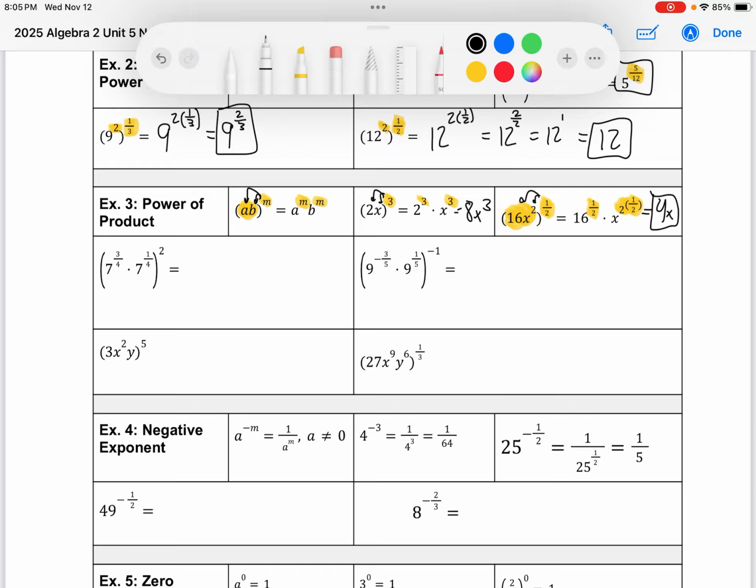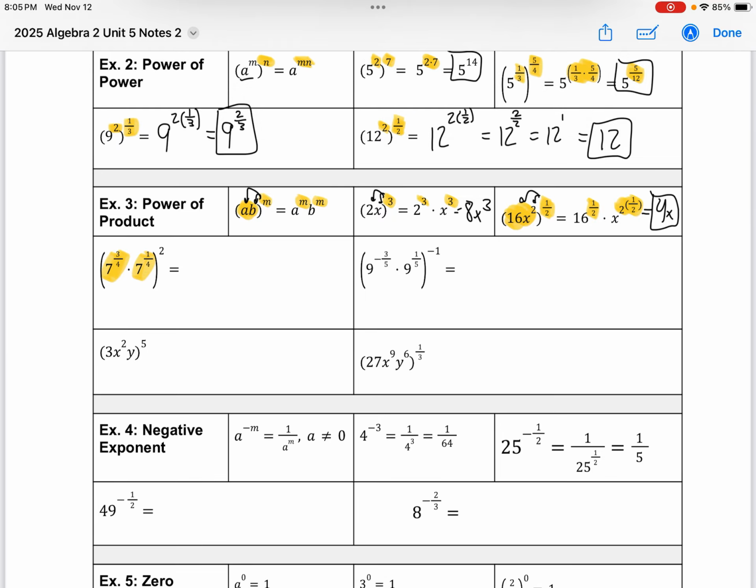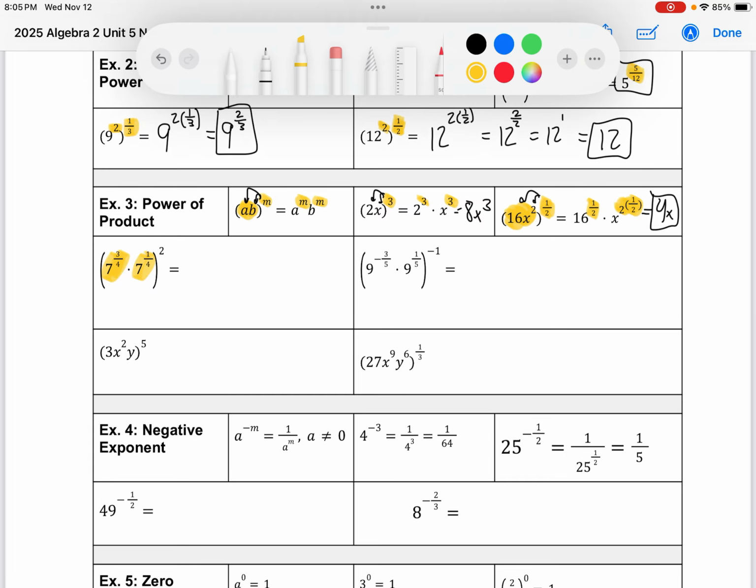Okay, so we can look at a few more examples of this. I've got multiple things here inside of the parentheses. 7 to the power of 3/4 times 7 to the power of 1/4. And then those are being raised to the power of 2. So I'm going to distribute this power of 2 to both of these. So that gives me 7 to the power of 3/4 times 2, and then times 7 to the power of 1/4 times 2.